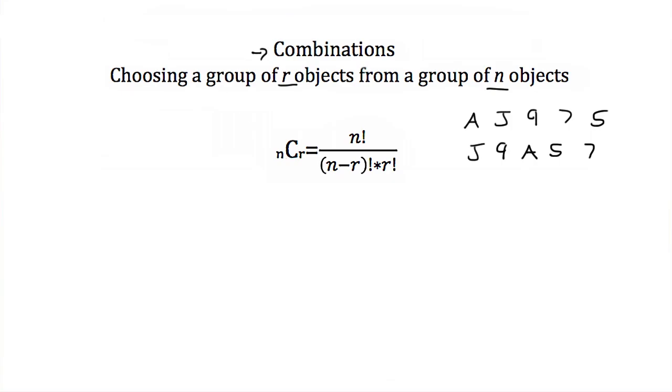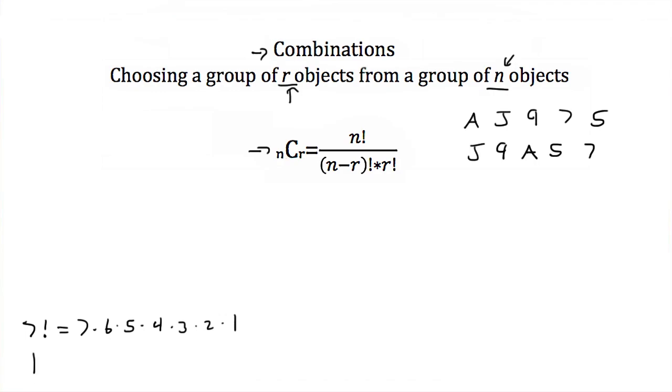Now, if we wanted to calculate how many different combinations of R objects out of N objects selected, we could use this formula. N choose R is equal to N factorial divided by N minus R factorial times R factorial. Now, if you're not familiar with the factorial sign, this exclamation point, if you were told to find 7 factorial, well, 7 factorial, that's equal to 7 times 6 times 5 times 4 times 3 times 2 times 1.